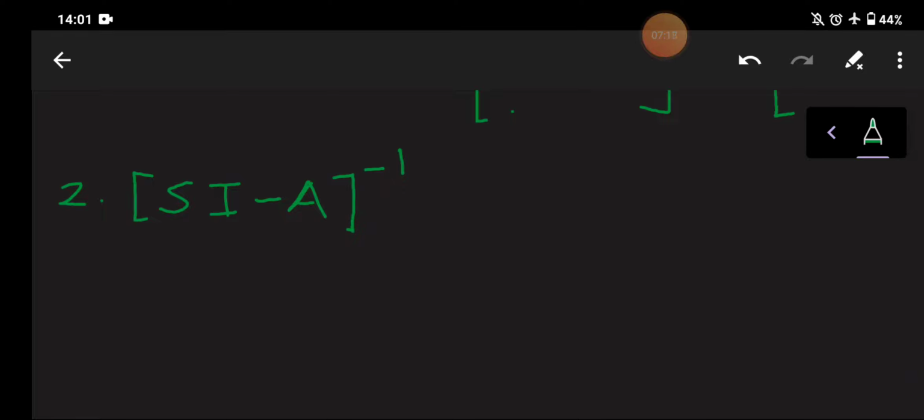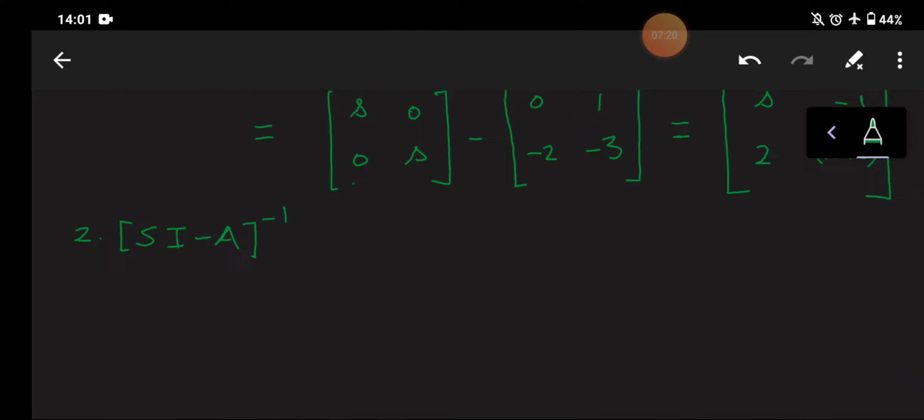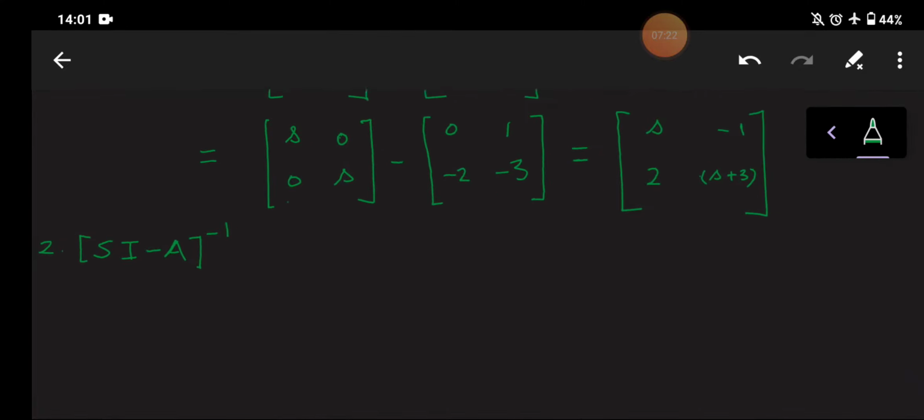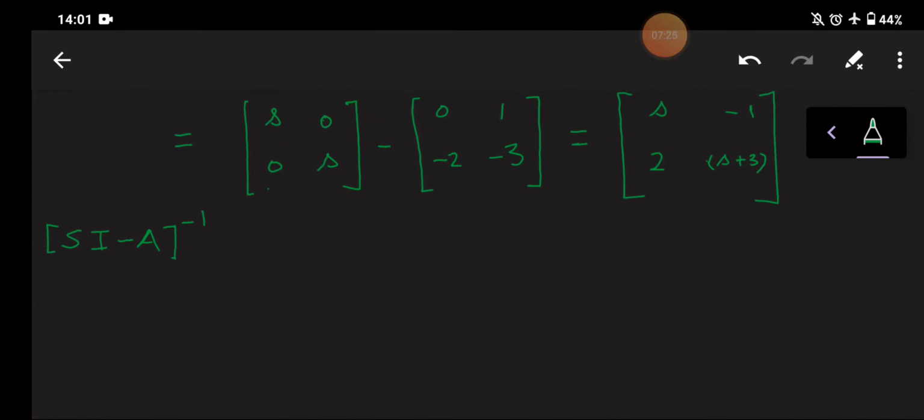How do we calculate the inverse of the matrix? The matrix is s, minus 1, 2 and s plus 3. The inverse is the adjoint divided by the determinant. I'm writing directly.